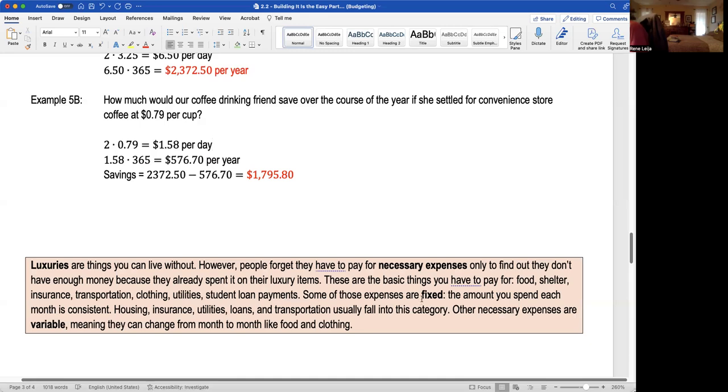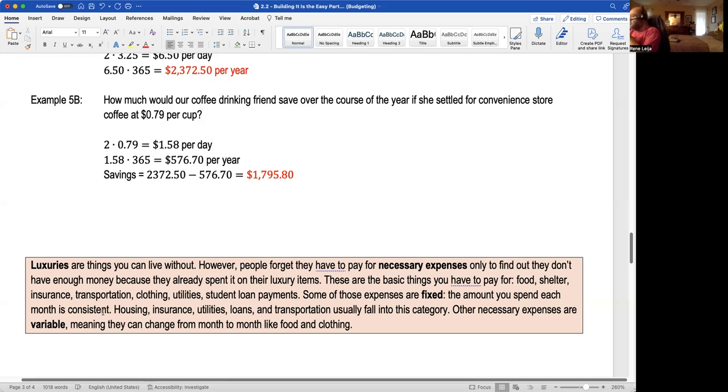Some of those are fixed, meaning the amount that you spend on each month is consistent. So like student loan payments, those are pretty much fixed. Those aren't going to change. Your shelter, if you're renting, well, that's going to be pretty much fixed unless they go up on their rent, but at least for a year, it would be fixed.